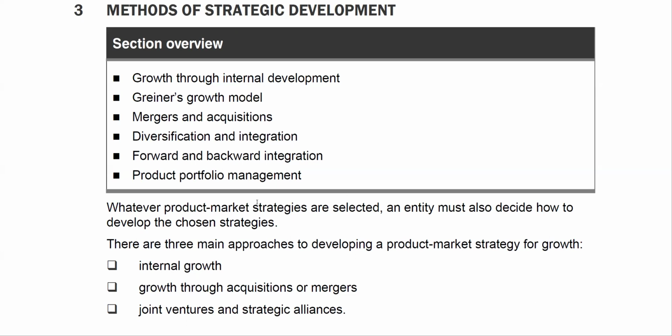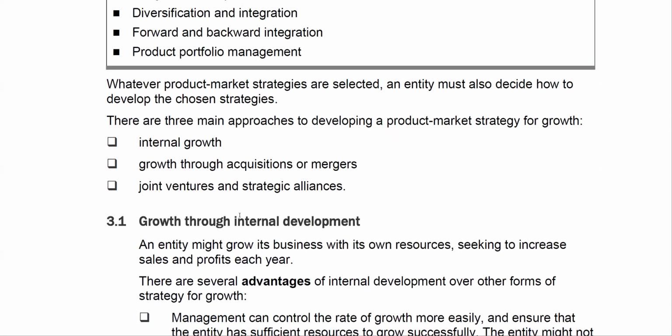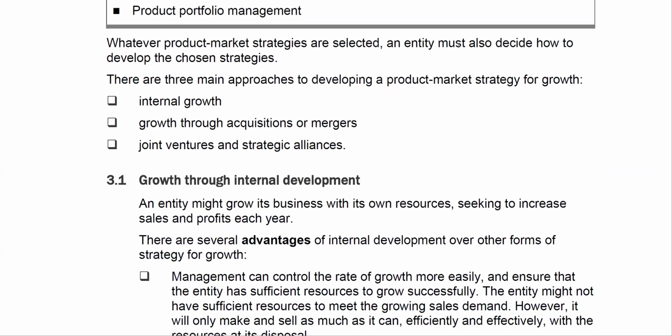So the thing is, whatever product and market strategies you select, you must decide how to develop those chosen strategies. There are three main approaches to developing a product market strategy for growth, right? Whether you want to go with internal growth or external growth.